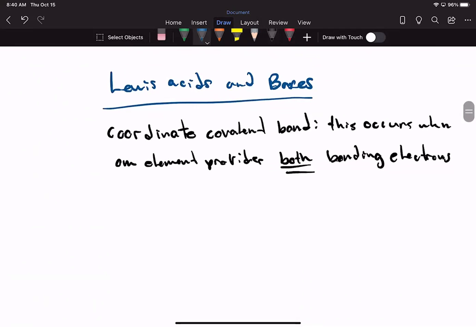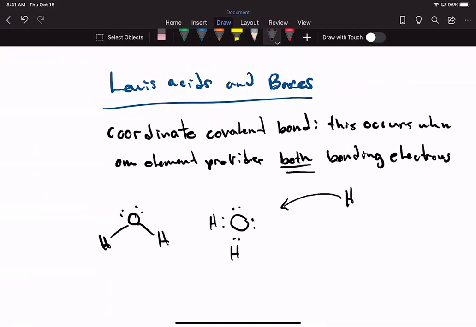The easiest example we have of this is probably water, right? Water. So let me draw out this structure here. So we got water. I'll put hydrogen on this side, hydrogen on this side, and if I bring in a hydrogen proton, the hydrogen proton doesn't have any electrons on it. H plus has no electrons.